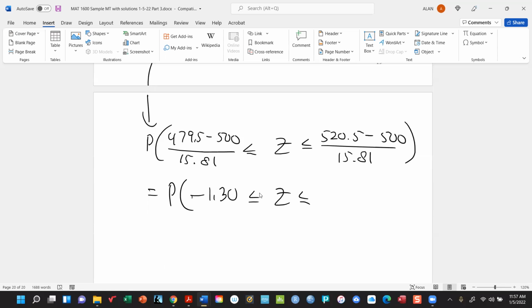And this is 1.30. So we know what to do now. We subtract the differences.